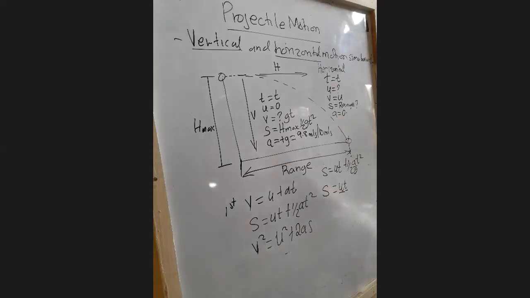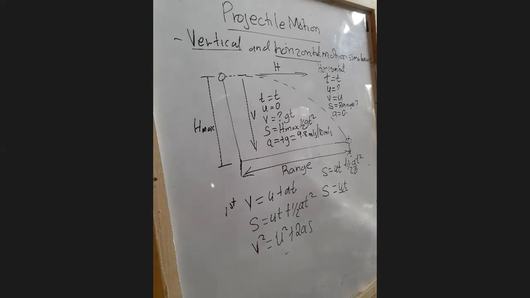Now with that, we can go back to our question. An aircraft 300 meters from the ground traveling horizontally at 400 meters per second releases a parcel. Calculate the horizontal distance covered by the parcel from the point of release.